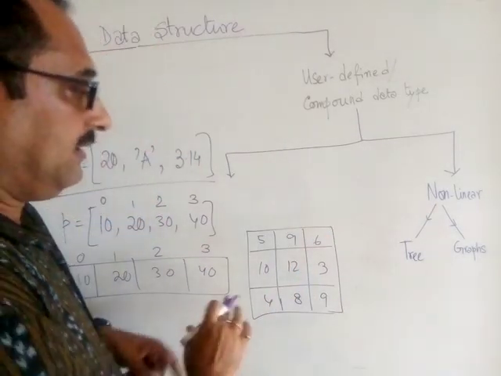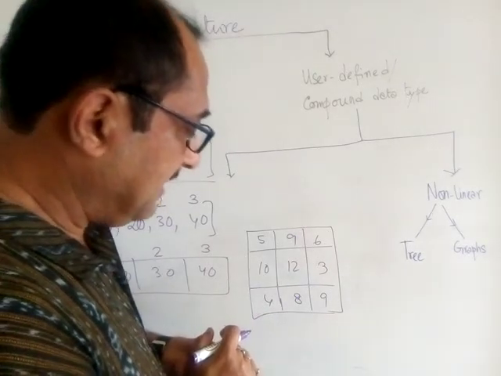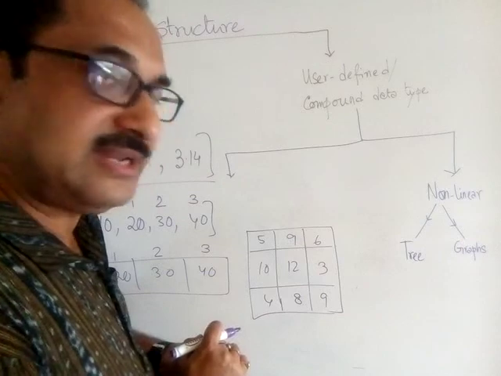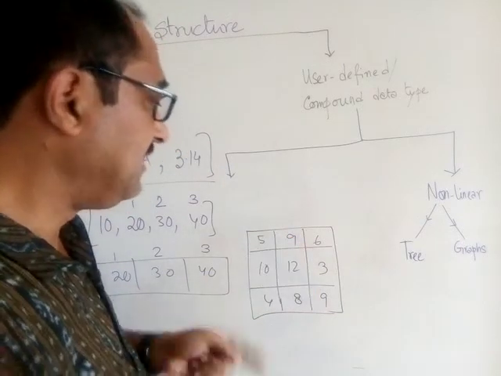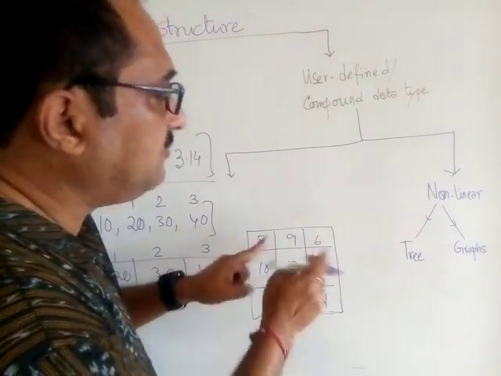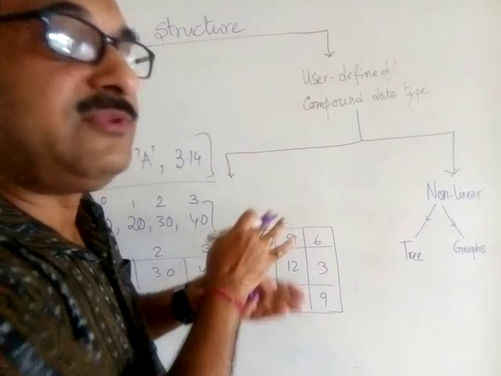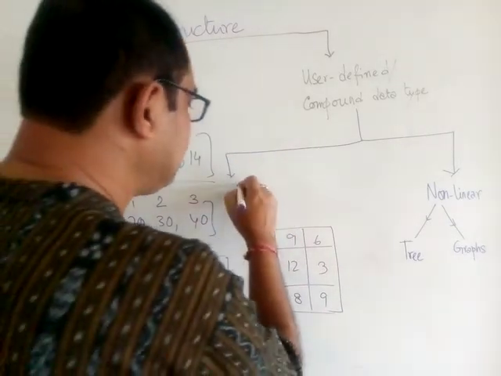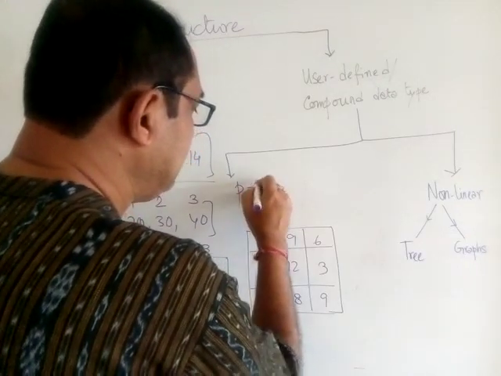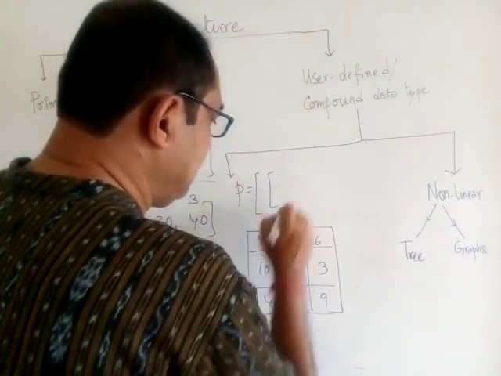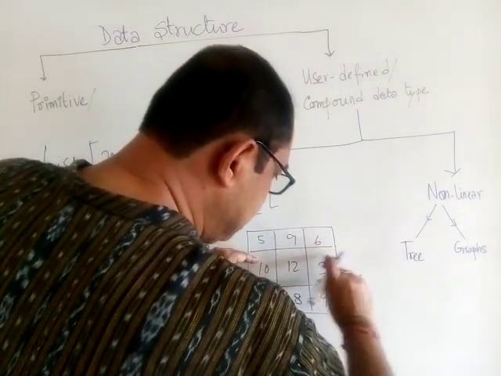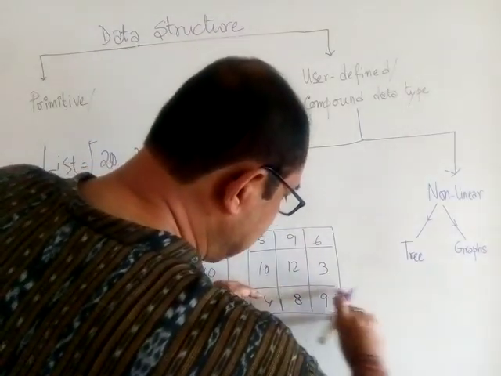Fine. Now you might be wondering that if a structure is like this, then how can we store it? In class 11 we have just touched upon it. It is represented in Python with the help of a nested list. For example, if P is my list, I can imagine that this is a list, this itself is a list, and this is also a list.